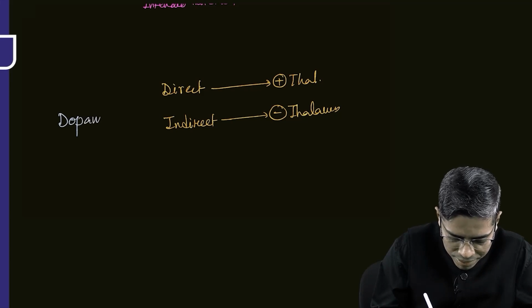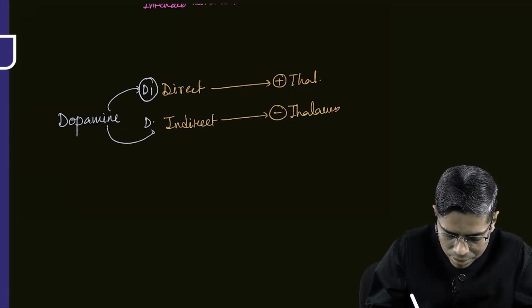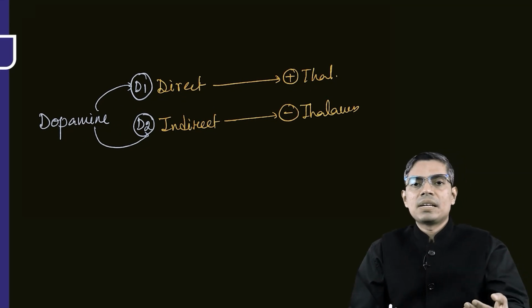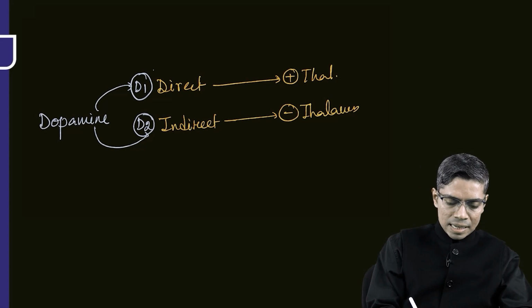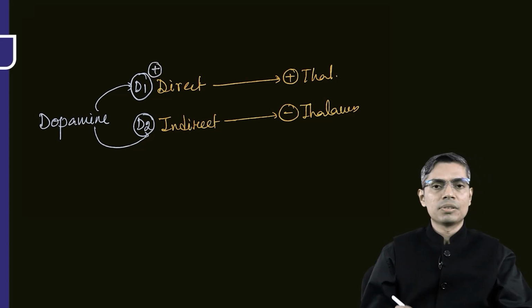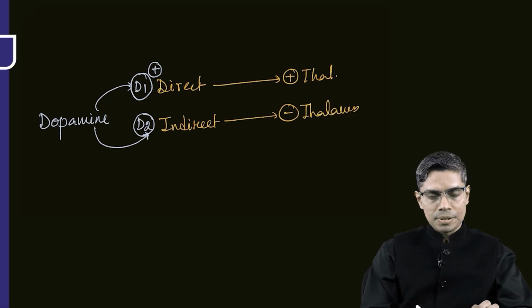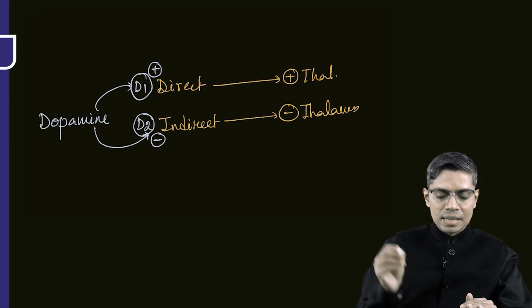Dopamine is acting on D1 receptor here, and it is acting on D2 receptor here. We all know that if the dopamine is acting on D1 receptor, then cAMP level in the cell will be enhanced and it will stimulate the direct pathway neuron. And D2 receptor means it is an inhibitory receptor. So the cAMP level will be suppressed and it will inhibit the indirect pathway.